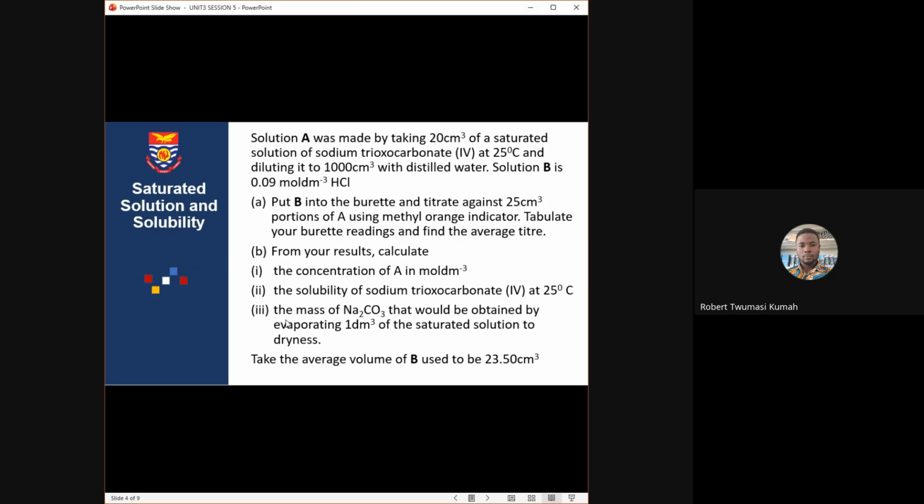They said the mass of sodium carbonate that would be obtained by evaporating the 1000 or 1 dm cube of the saturated solution to dryness. So in other words, if we now try and evaporate this to dryness, what are we going to obtain?